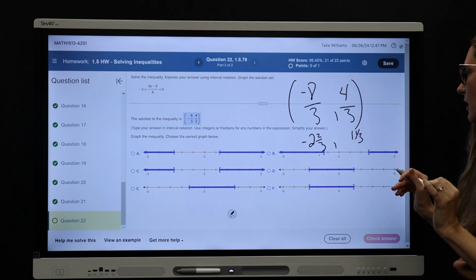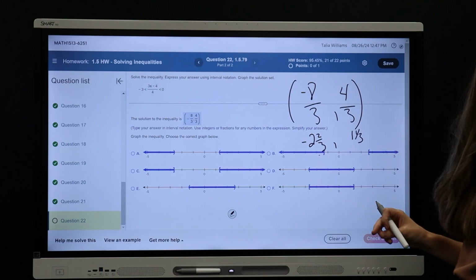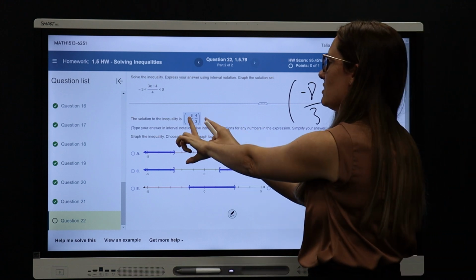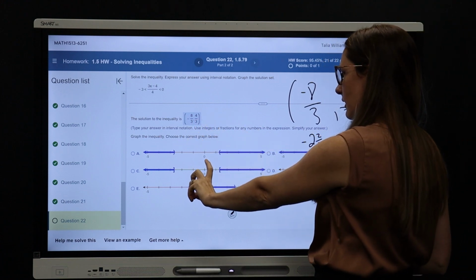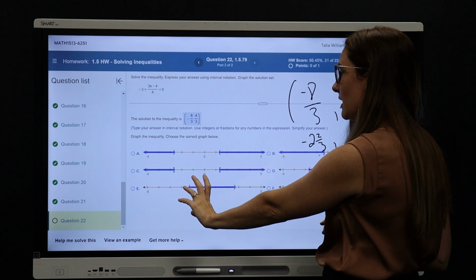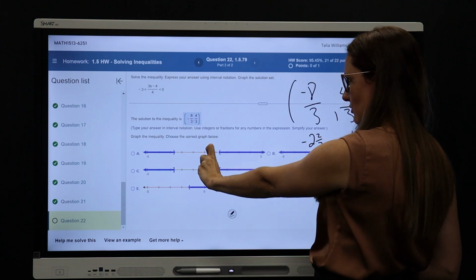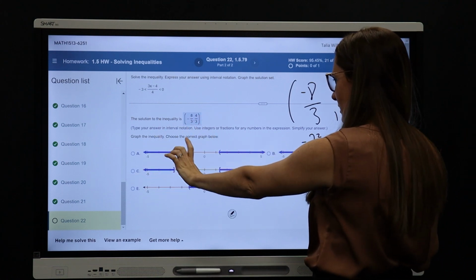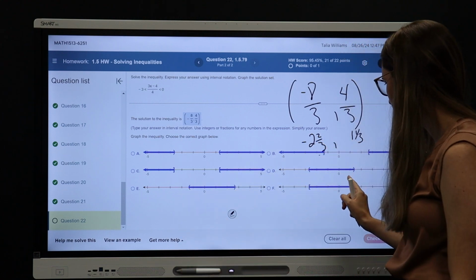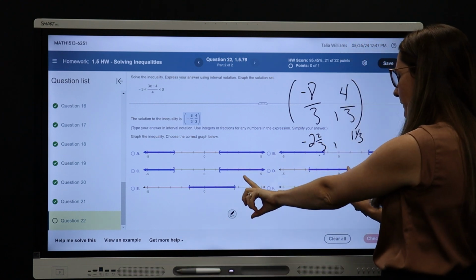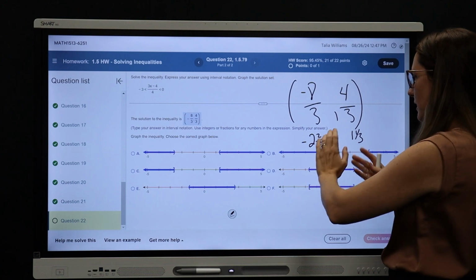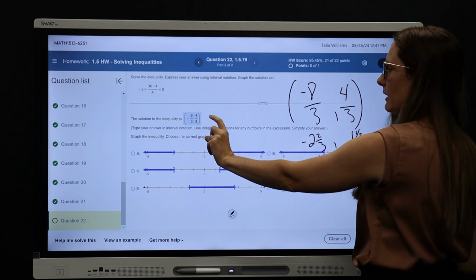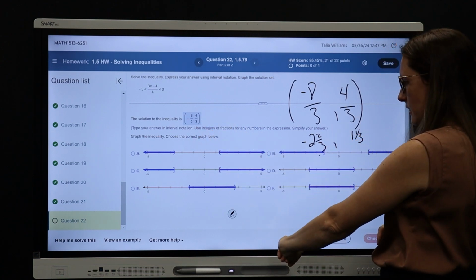Neither of them is going to be perfect, but we can go ahead and narrow this down right now because we just have parentheses. And we know that our number is between these two. They don't separate out. So no, no, no. We're looking at these right here, D, E, F, because our x is between -8/3 and 4/3.